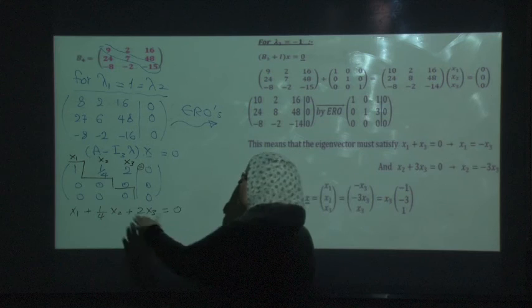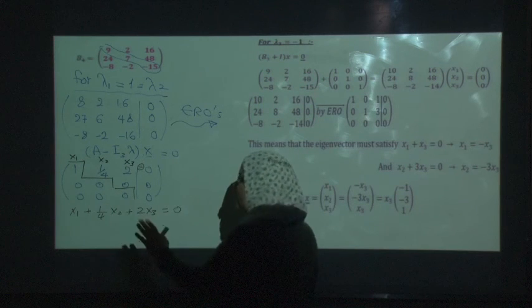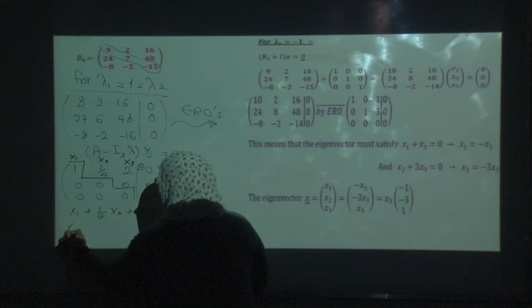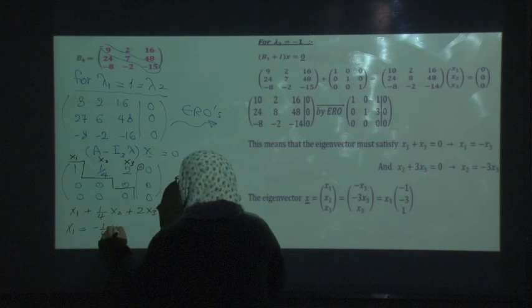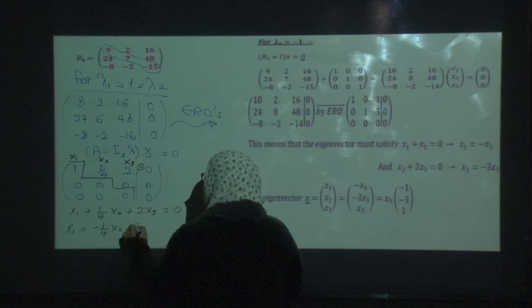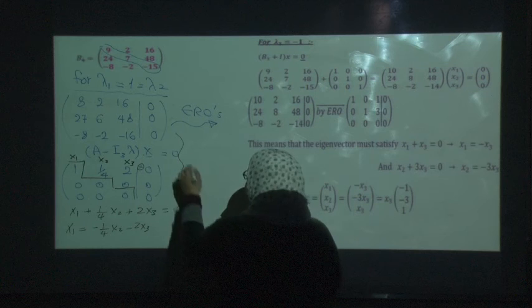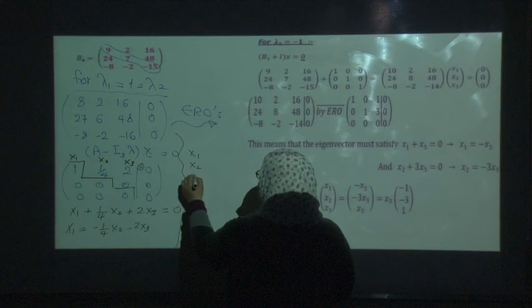It seems that x2 and x3 are free, so we may keep them as they are and write x1 in terms of them. In this case, it will be negative 1/4 x2 minus 2x3, and hence the eigenvector is composed of x1, x2, x3.